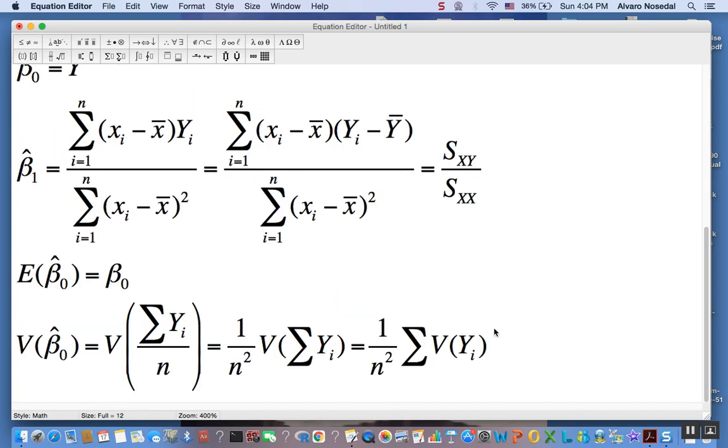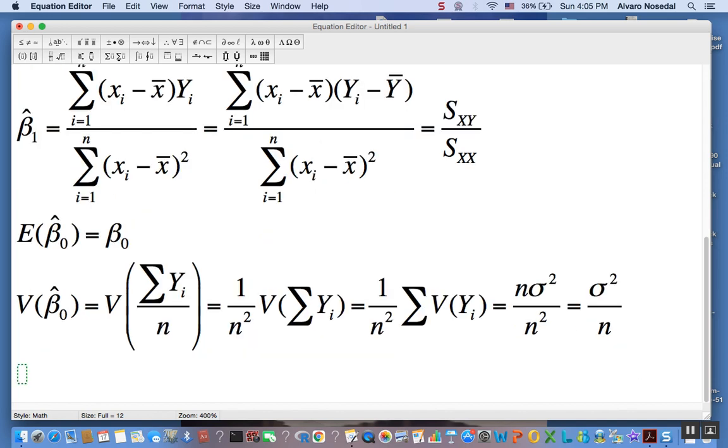So what we end up having is n times sigma square divided by n square, and in the end we have just sigma square divided by n.